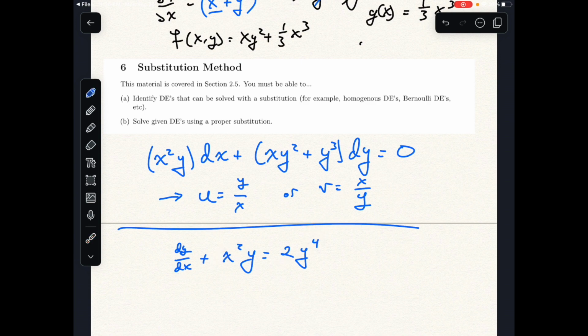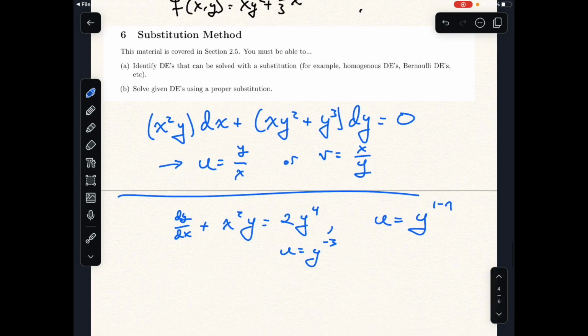So if you have something that's Bernoulli, then your substitution is going to be u equals y to the 1 minus n. So in this case, it would be u equals y to the 1 minus 4, or just -3. And then typically you would solve for y and then sub that in.